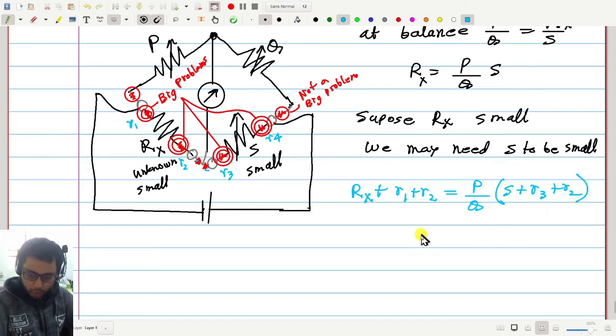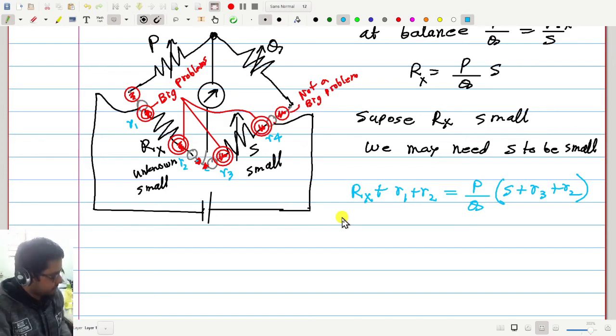Now suppose you have set S to be 1 ohm, and these are also say like 0.2, 0.3 ohms. So then here in your equation, you have almost like 50% error. Also this side will contribute error. So small things getting added to other small things causes large percentage or relative error.